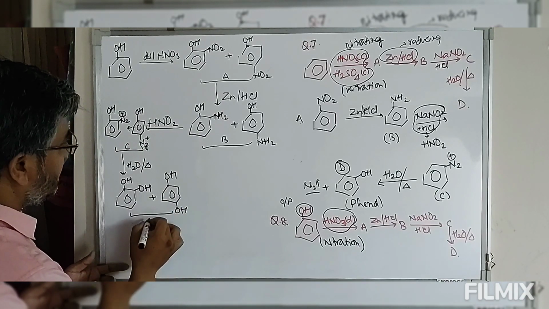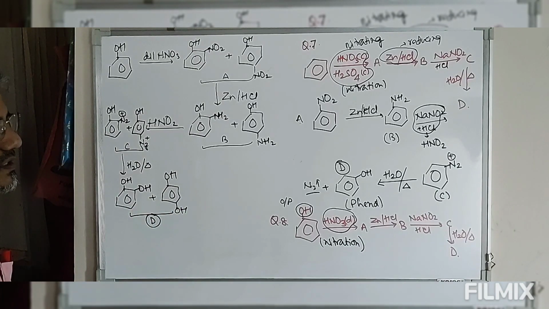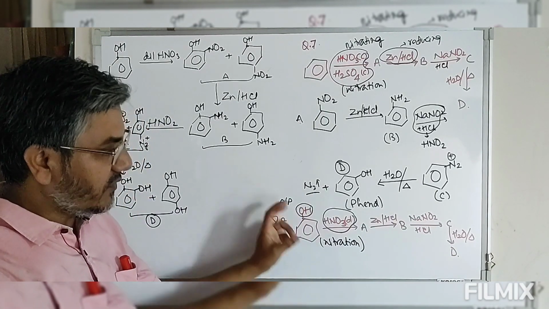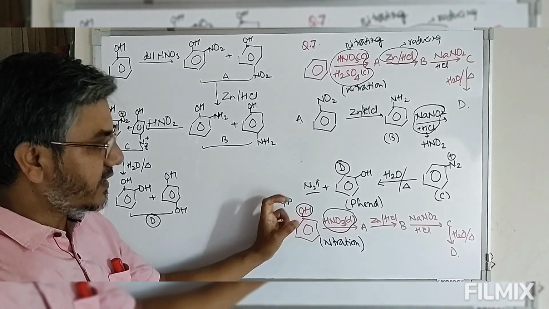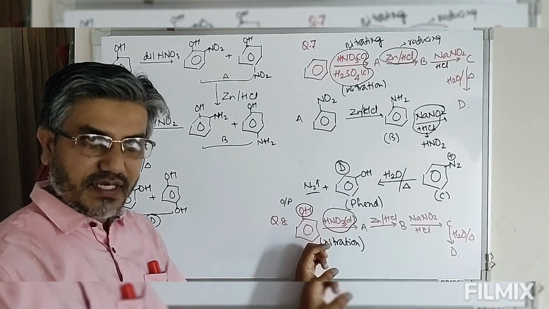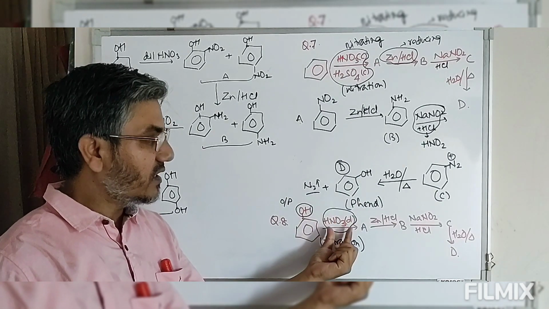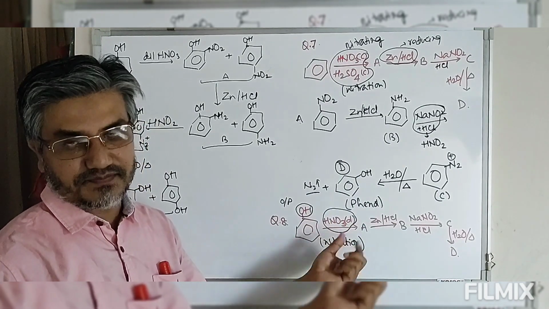So this is our product D. So phenolic group being a very strong activating group, nitration can be carried out by use of a weak nitrating agent, that is dilute nitric acid.